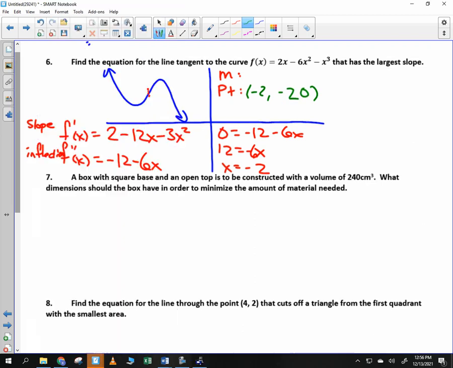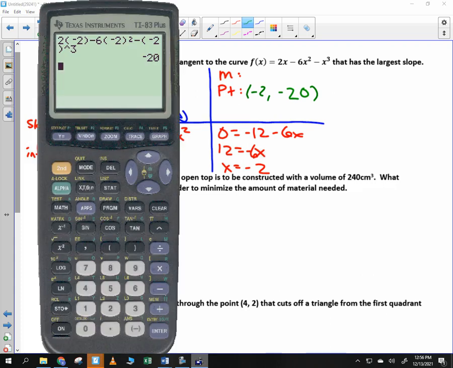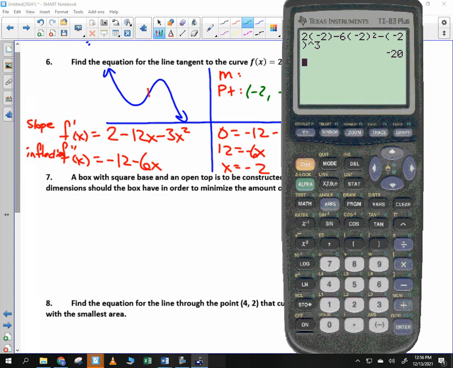Okay, how do I find slope? I go to my slope equation, I plug in -2 there. And I go 2 minus 12 times -2, and then minus 3 times -2 squared. And I get 14.